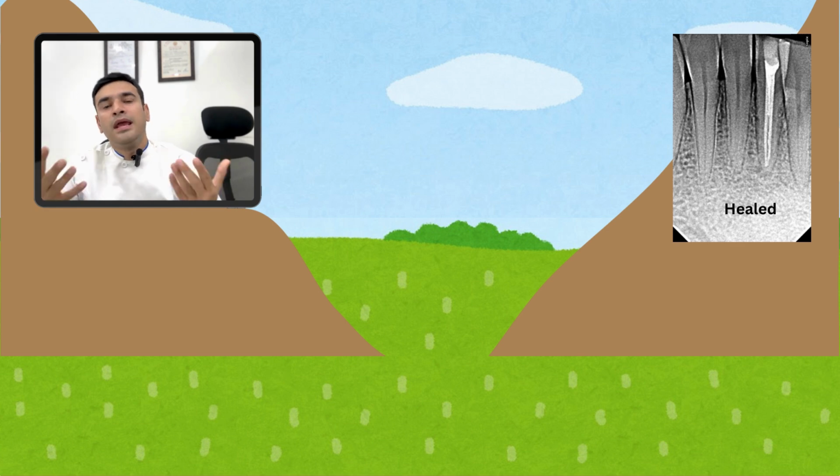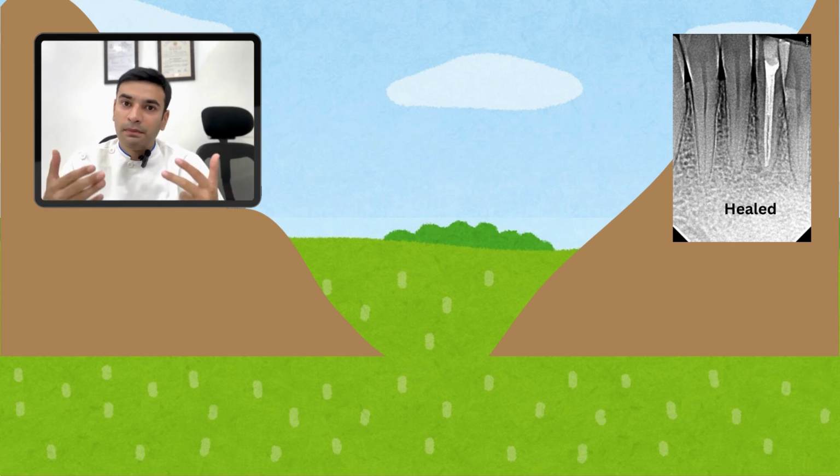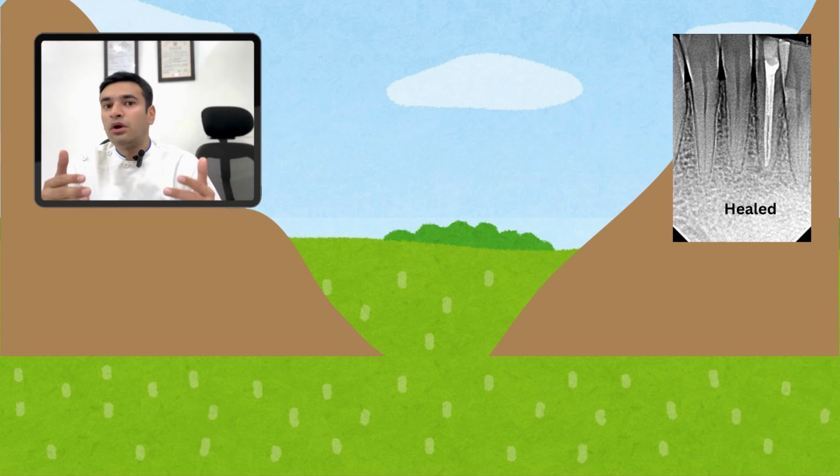For example, in irreversible pulpitis, the pulp is vital, it is inflamed but not non-vital. In non-vital, there will be a large number of bacteria present, but when the pulp is vital, although it is irreversibly inflamed, there are still some immunity cells inside the pulp, so it will restrict the infection, right? But once the pulp goes necrotic, suddenly the microflora of the canal changes, and this is how we see the progress of the infection.